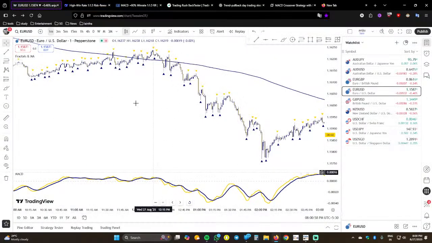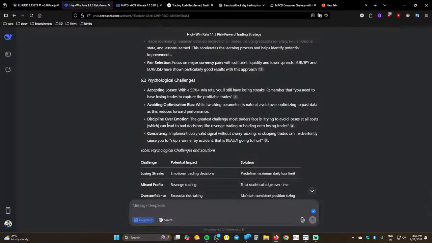It should follow the major rules, and then just execute trades. Even if we have a losing streak, we'll just keep on executing trades, and that is what discipline means. We have to keep repeating the process to see some success.